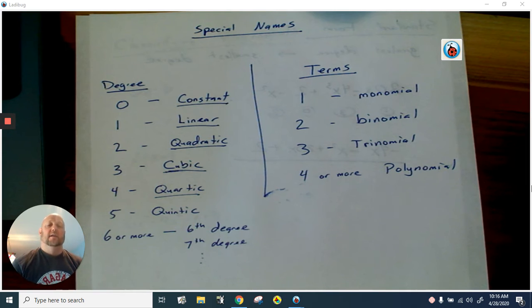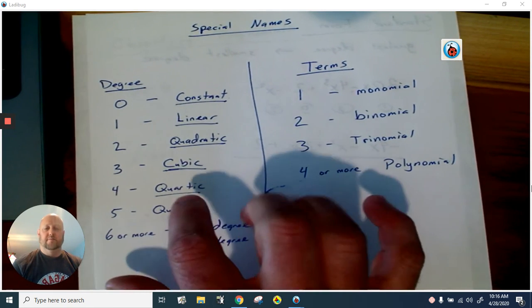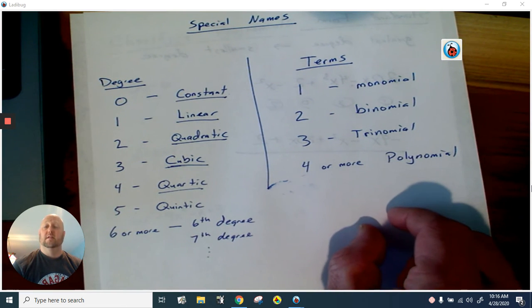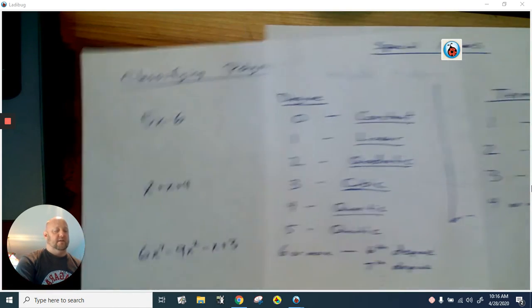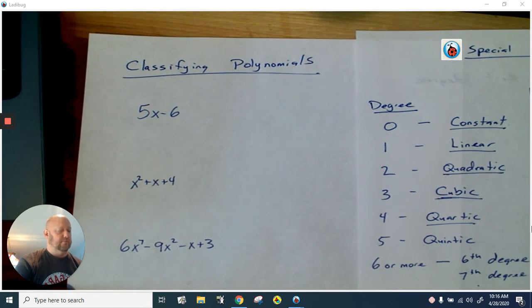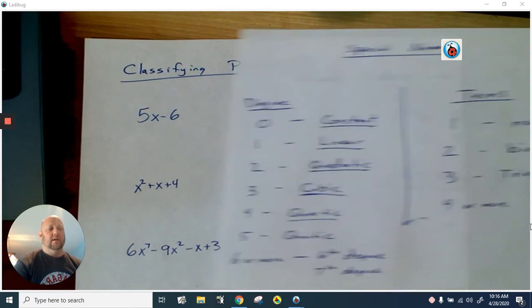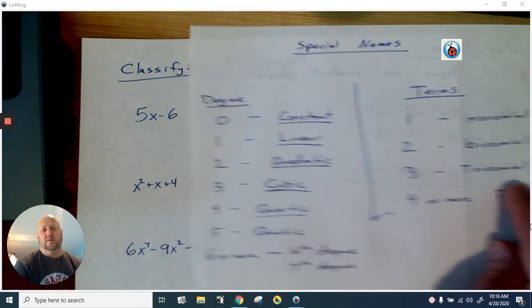Okay. Now, what that means is if we have these 2 different ways of naming things, we can classify polynomials both by the number of terms they have and the degree. So let me set that aside right here and just come up with a few examples for you, okay? So this 5x minus 6. Well, we can come up with a degree name for it and a number of terms.